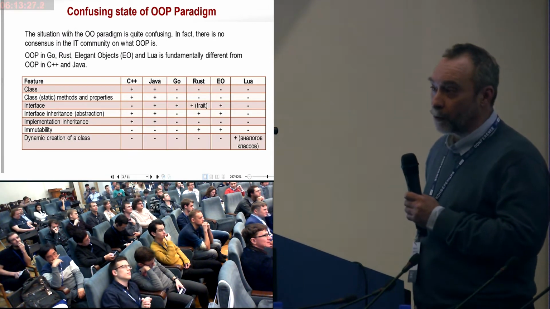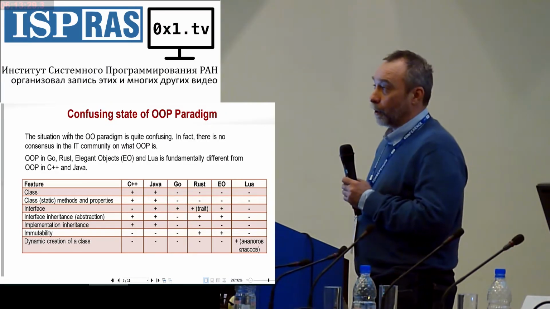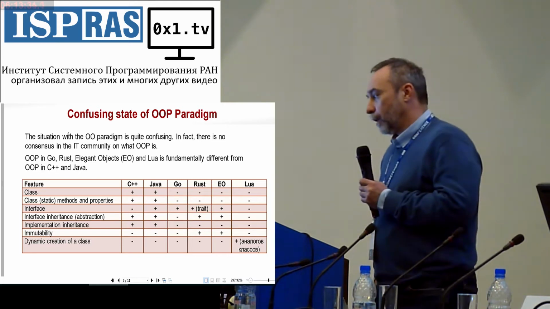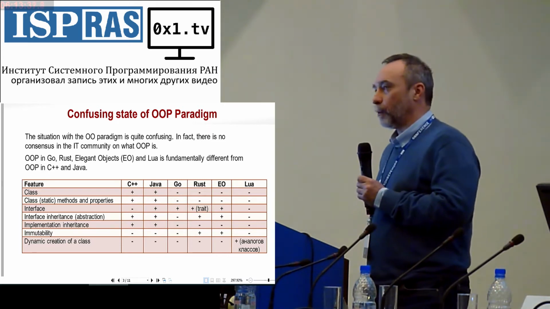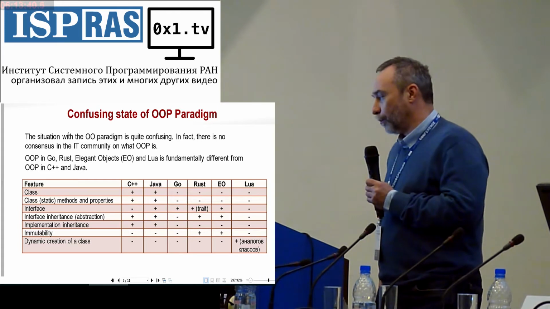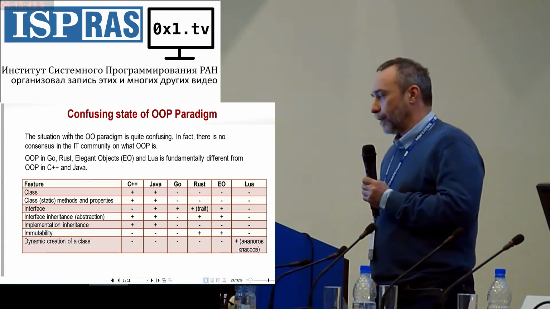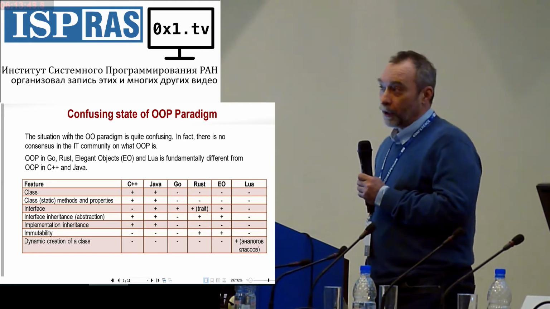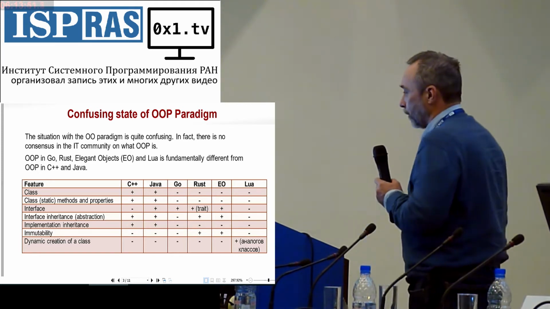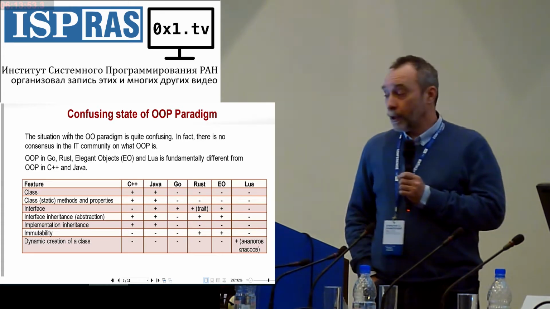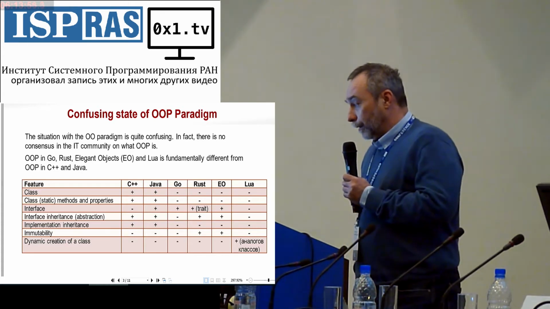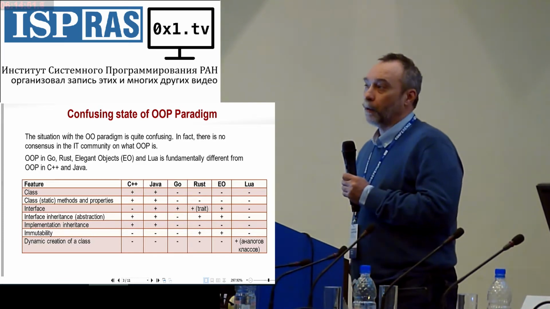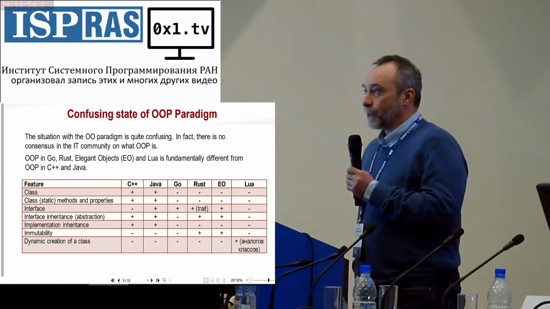Talking about object-oriented programming, or OOP, actually there is nothing to say right now because OOP can have different definitions. This slide just quotes several conditions from different languages like C++, Swift, Go, Elegant Objects, etc. And it shows that no line here has a check mark all the way across.